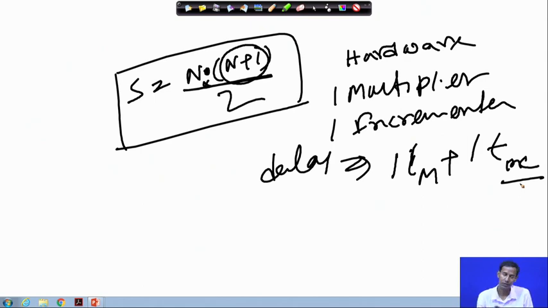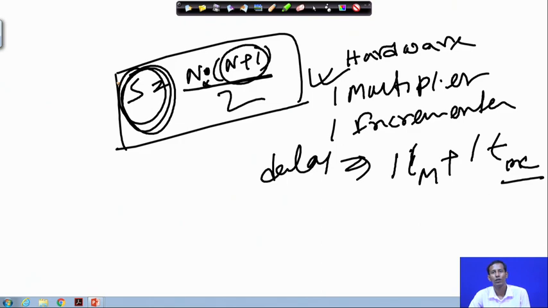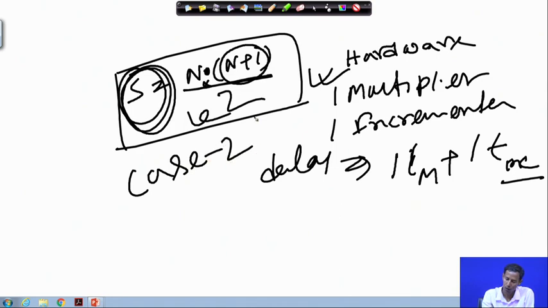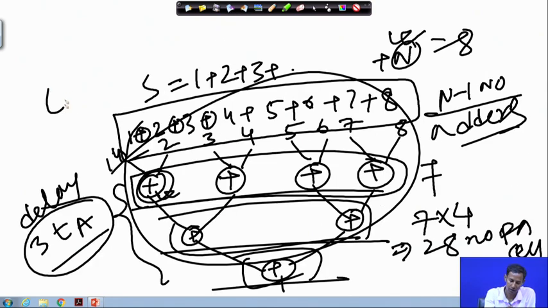So, that means this is another implementation style by which I can implement the corresponding expression for the summation of n natural numbers. So, in these two cases, if this is considered as case 2, the previous one is case 1. Okay.